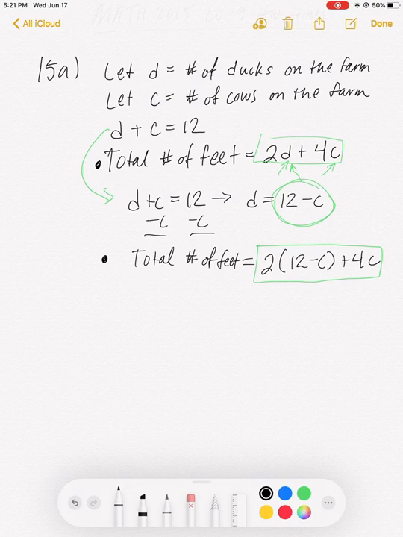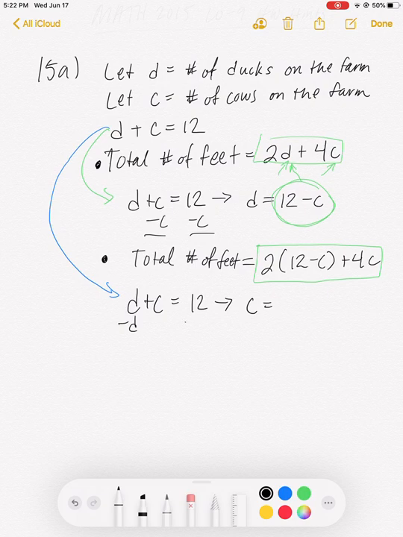And I can actually take this D plus C equals 12 and rewrite it in terms of C. D plus C is equal to 12, therefore, subtracting D from both sides, C is going to equal 12 minus D. I'm going to take that and substitute it into my expression for total number of feet.